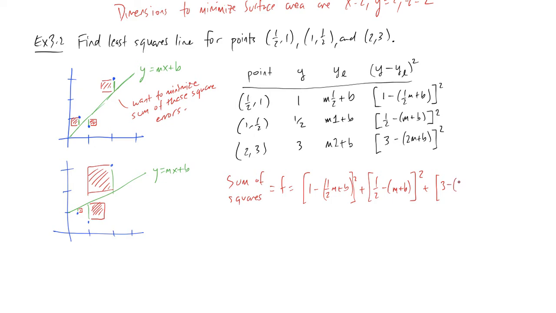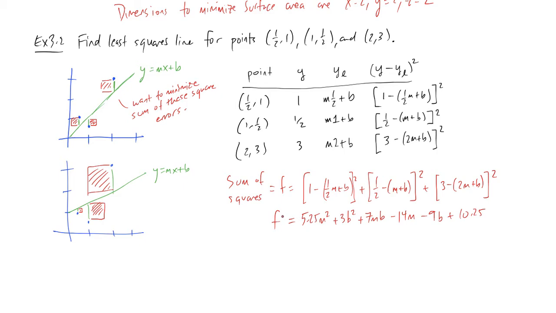And if we expand these terms and combine like terms, we'll get 5.25 m squared plus 3b squared plus 7mb, and you can do this at home. It takes a little while, but it can be done by hand. I can attest to that. So this is our function. It's just the expansion of these three squares added together.